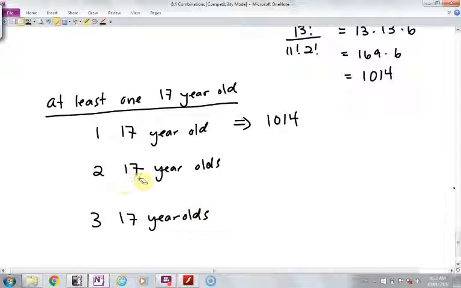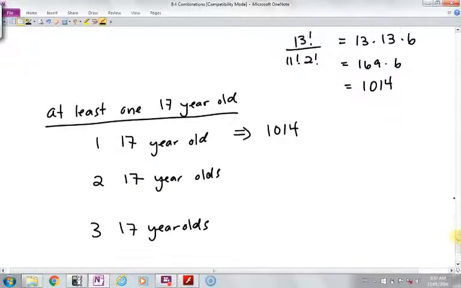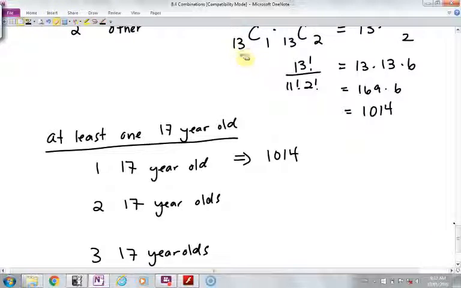So how many ways could I have 2 17-year-olds in that group? I'm going to calculate the same way as I did this, only it's now going to be 13 choose 2 times 13 choose 1. So how much is that going to be? That's going to also be 1,014.